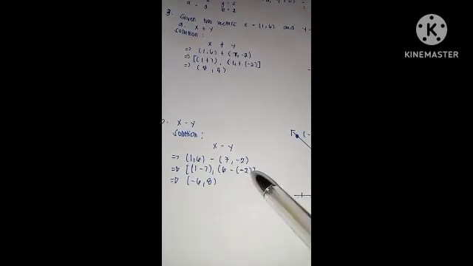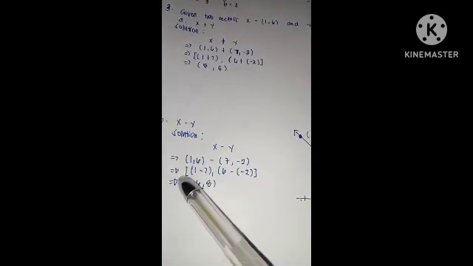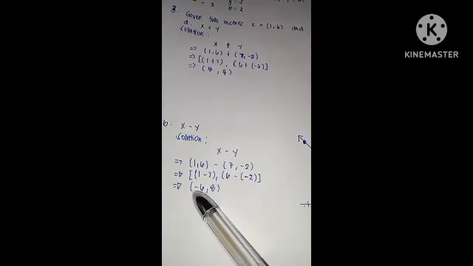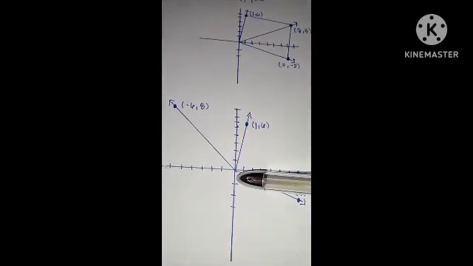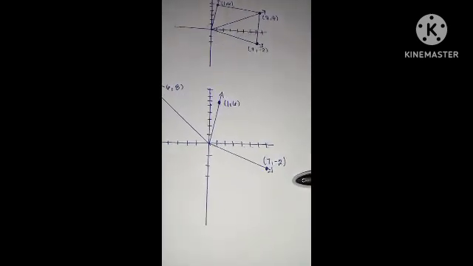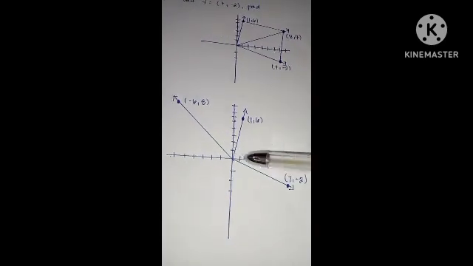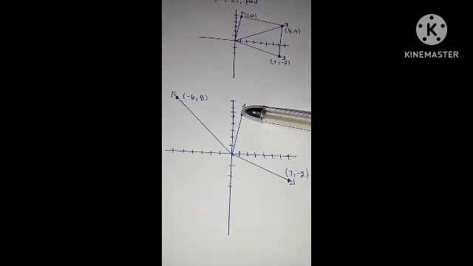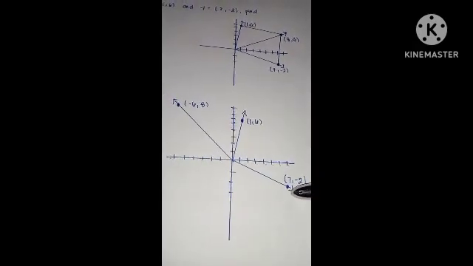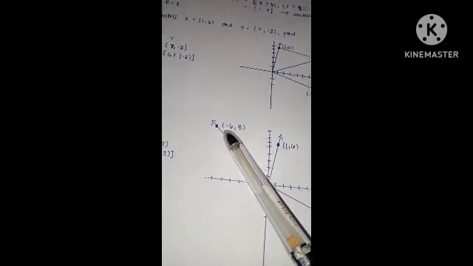So 6 minus negative 2 is 8. So the answer of x minus y is negative 6 and 8. If we plot this in the Cartesian plane, 1 and 6 is located here, 7 and negative 2 is located here, and the answer of x minus y is located here, which is the negative 6 and 8. So that is my answer in letter B.